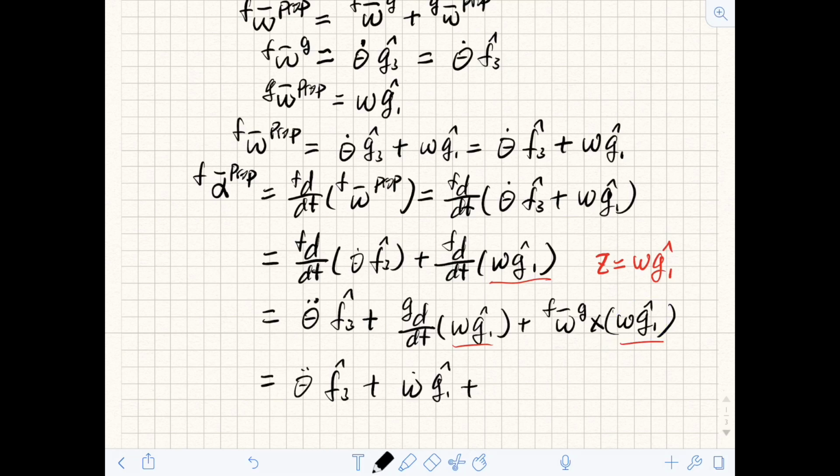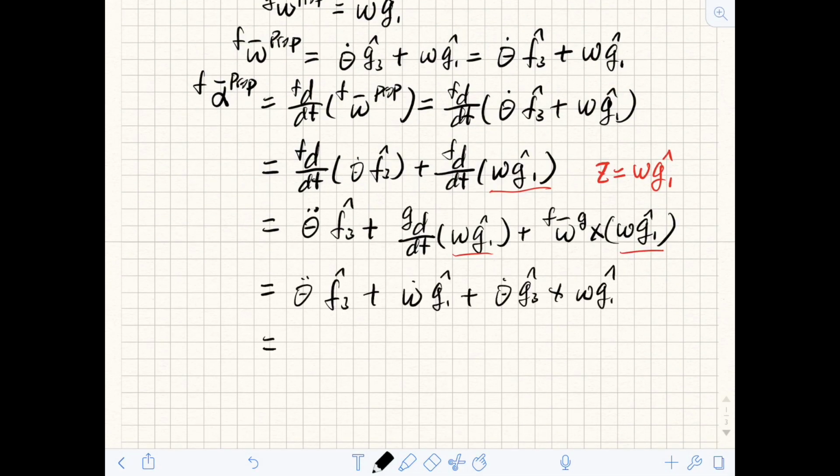So we will use theta dot G3 as the expression for the angular velocity of g in F. So now we have the expression for the angular acceleration of the propeller relative to the F frame.